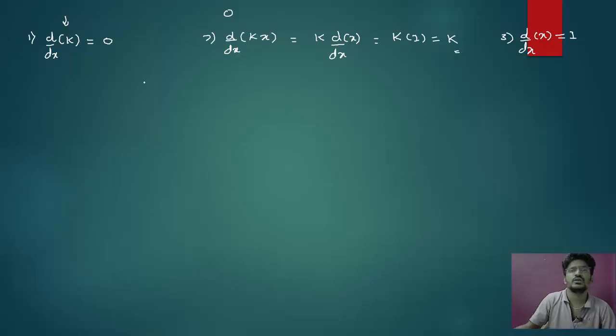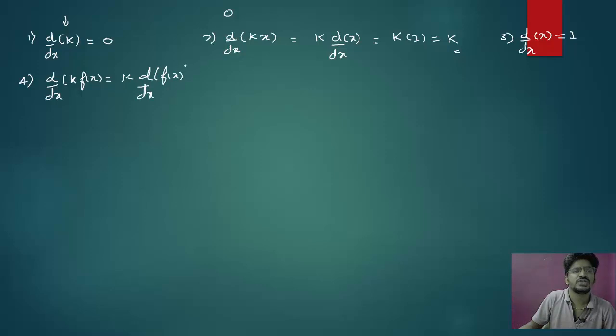Please go through it. Okay, suppose you see the fourth one, that is differentiation of k into f of x. What we have to do here? You have to take k outside and then differentiate this f of x. So the differentiation of f of x is what? f dash of x.